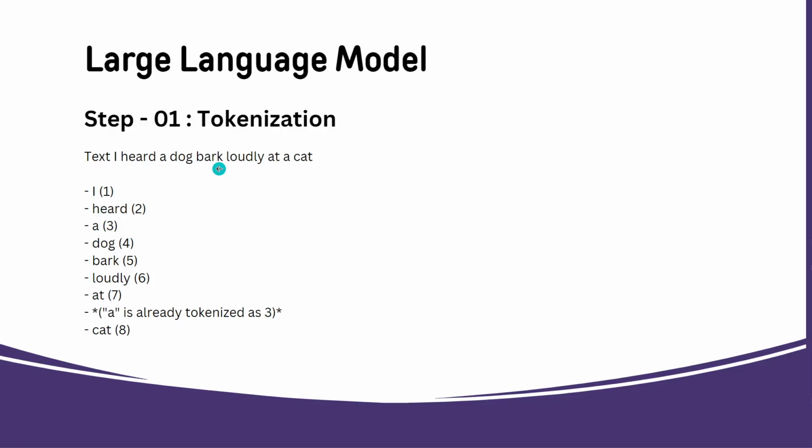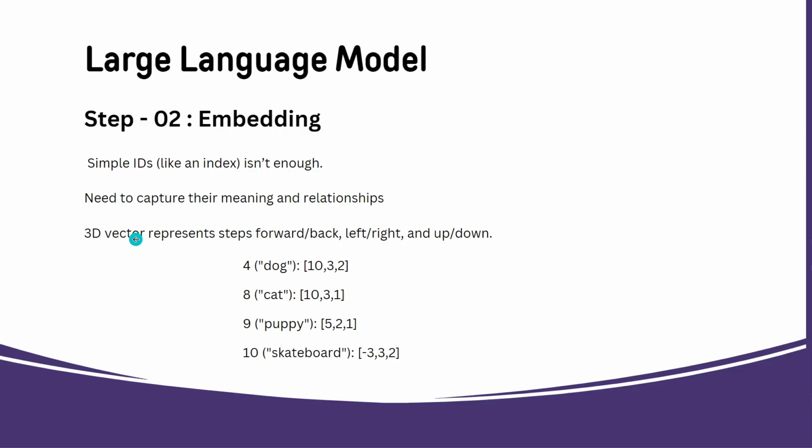But when training a machine learning model like a large language model, how do they detect it? Basically they do it with embedding. After tokenization, it becomes a 3D vector, and it calculates the forward, backward, or past memory, meaning which one is best suited.